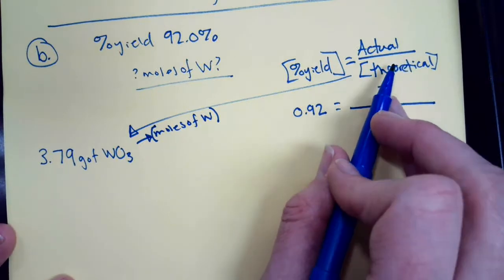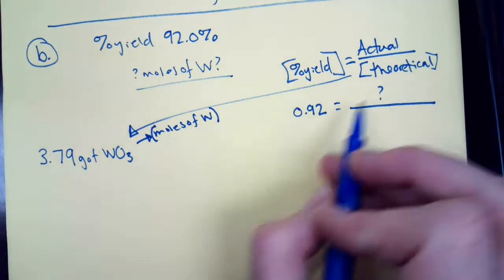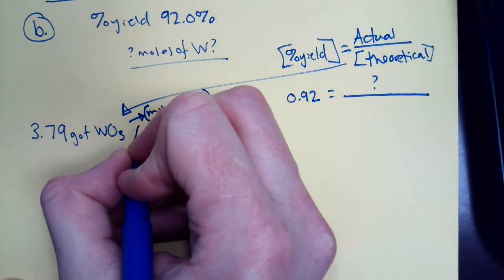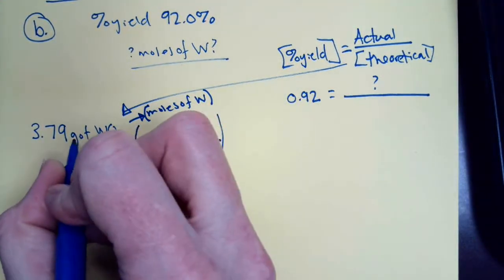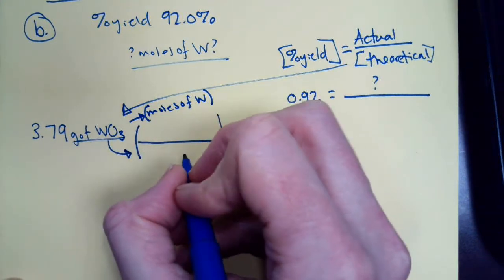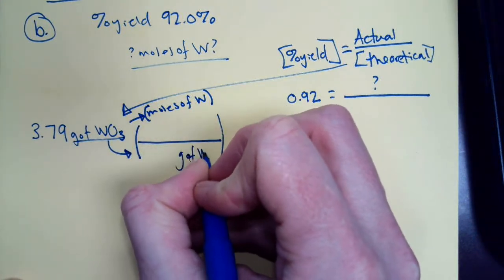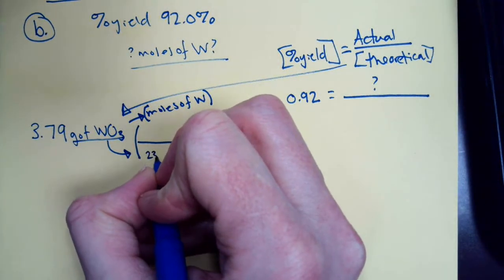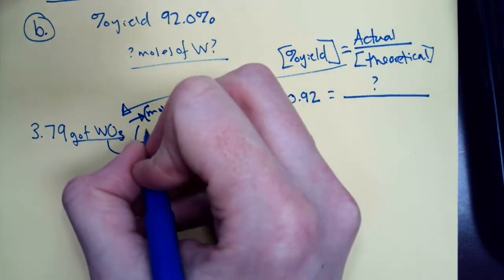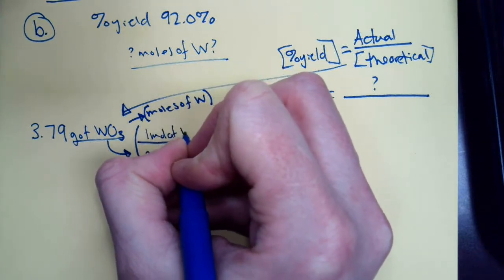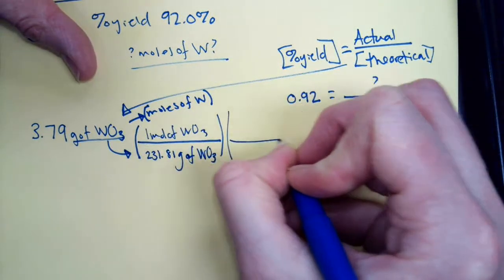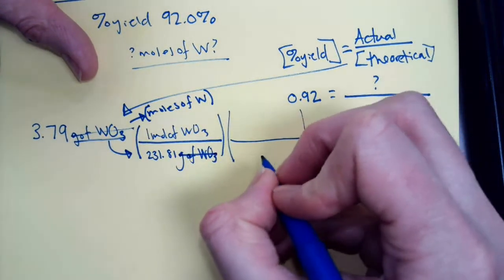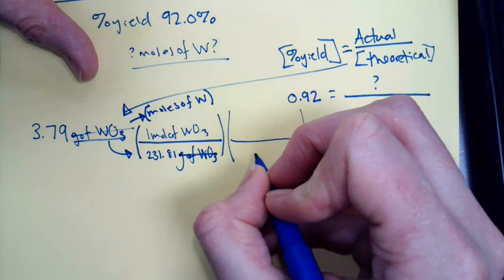So if my theoretical is in moles, then my actual would come out in moles when I run my numbers. So just like always, I want to get grams of tungsten oxide at bottom. And I have mine from above to be 231.81 grams in 1 mole. So my grams of tungsten oxide cross off, and I have moles of tungsten oxide on top, so I have to put it on the bottom here.